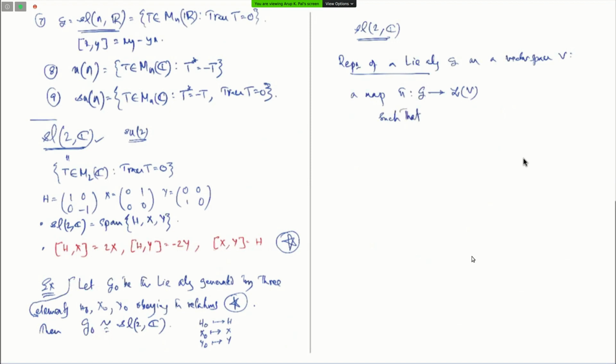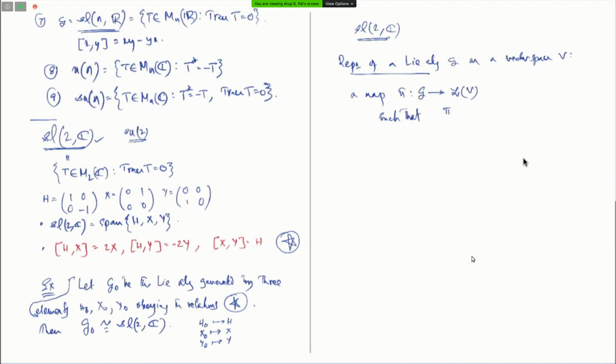And now you will impose some condition on phi. So what are the conditions that you are going to impose? Two conditions, one Jacobi identity and another antisymmetry? No, that is in the definition of a Lie algebra. But once you have this Lie algebra, what you have is this product here, right?